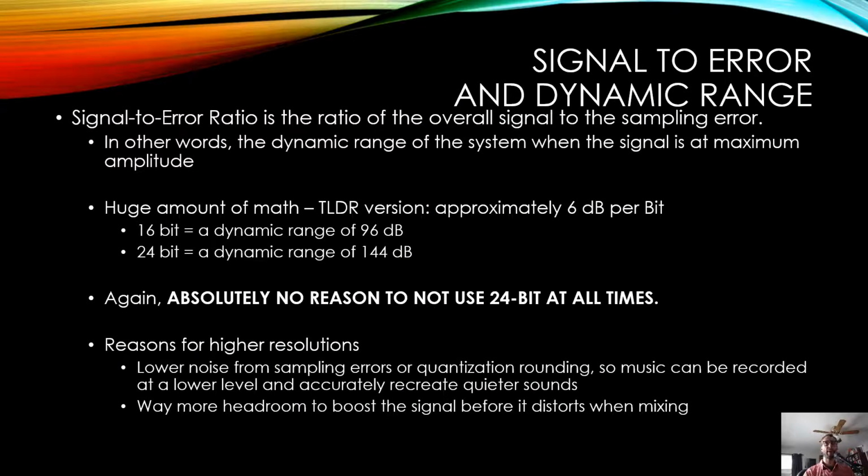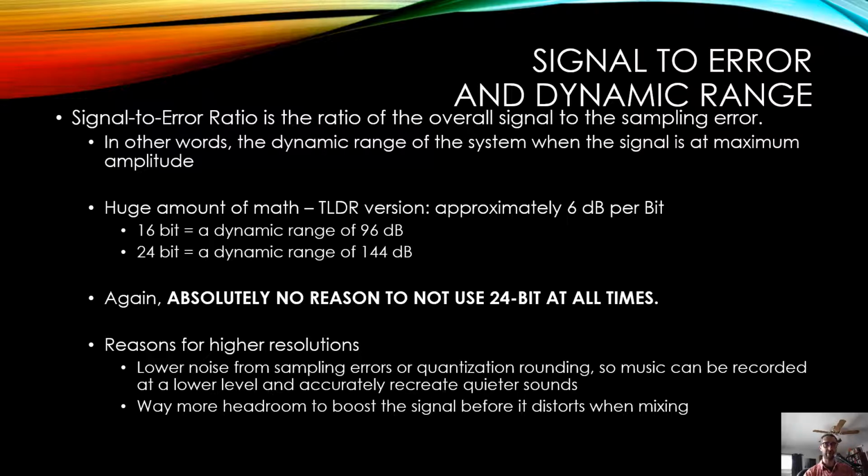Another thing to keep in mind is the signal to error ratio. This is the ratio of the overall signal to the sampling error. So in other words, it's the dynamic range of the system when the signal is at maximum amplitude.